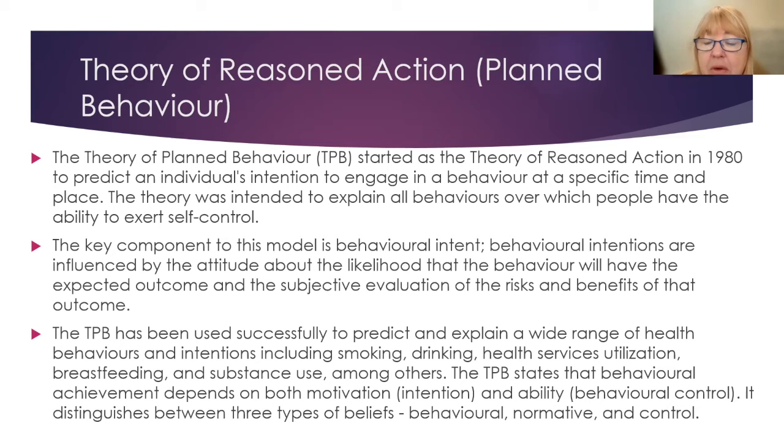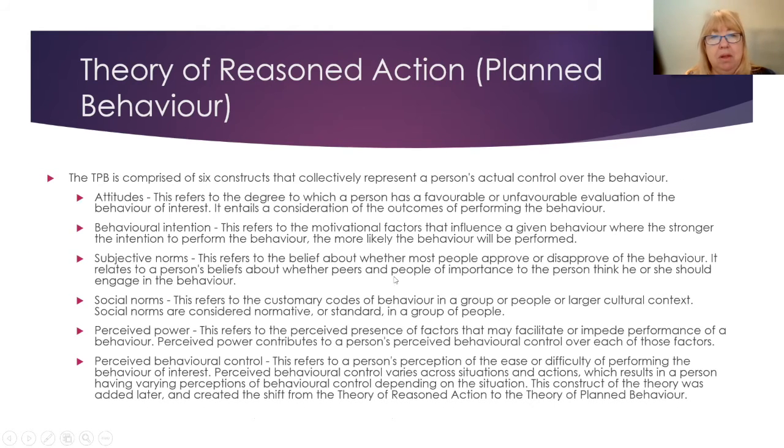It looks at 3 types of beliefs: the behavioral, the normative, and control. Okay, there's a little chart coming up. And it's comprised of 6 different constructs, so think about that if you're trying to explain it.